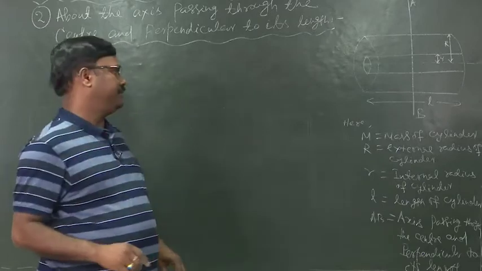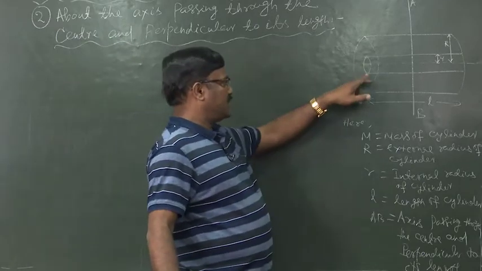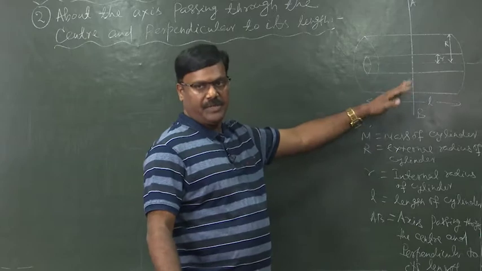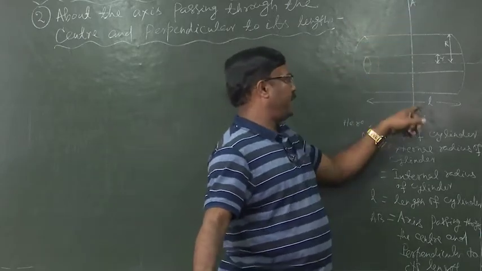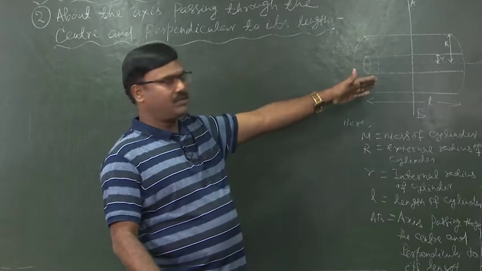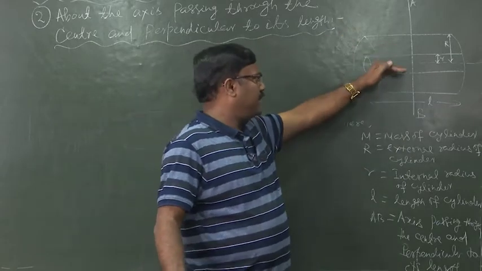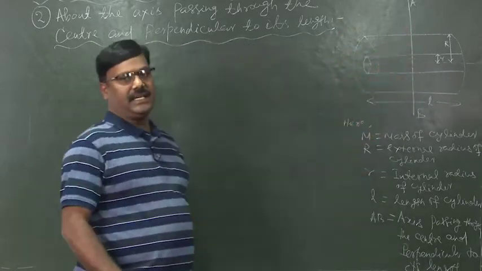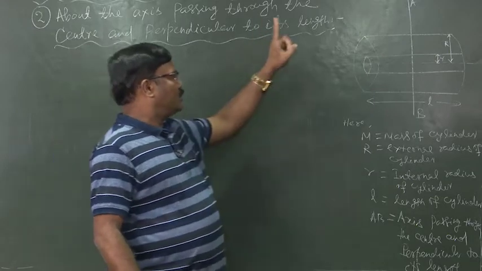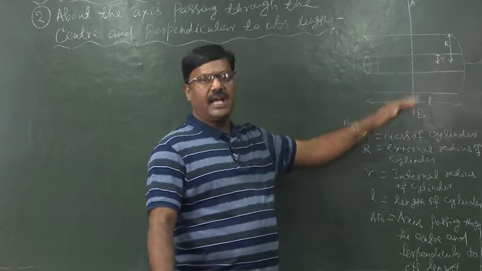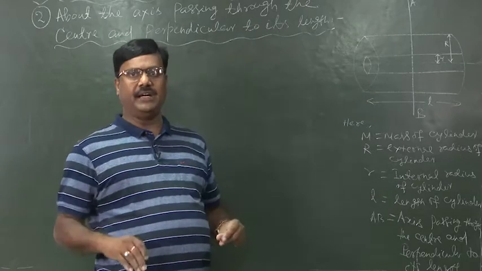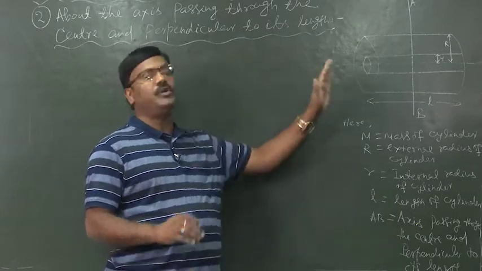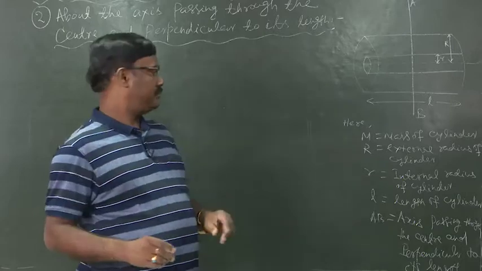What is our aim? Our aim is to find the moment of inertia of this cylinder about the axis AB, which passes through its center and is perpendicular to the length of the cylinder. And to find the moment of inertia, what we have to do? We have to find the volume of the cylinder.